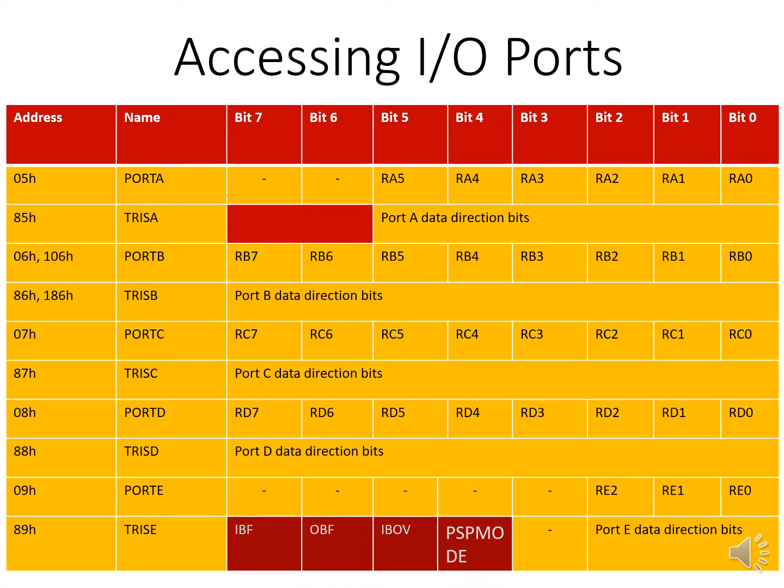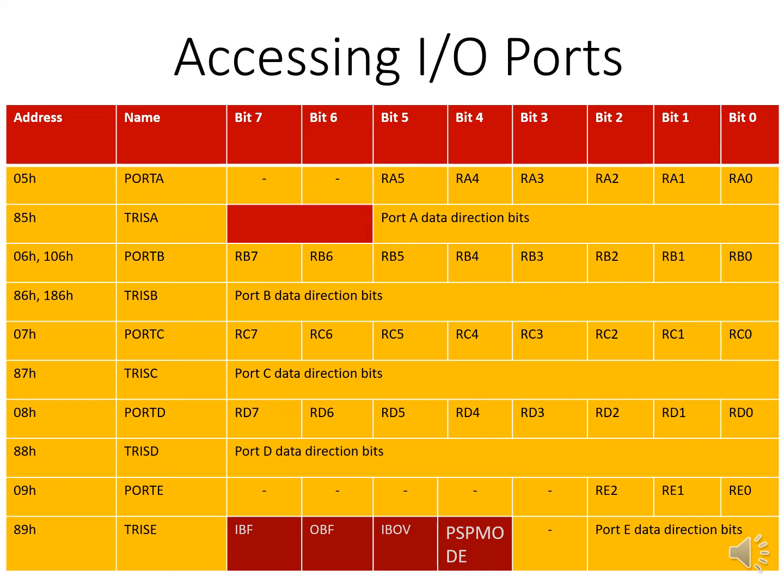The table shows the addresses of the port data registers and the TRIS port direction registers. Port A data register is at address 05H. TRIS A port direction register is at address 85H.